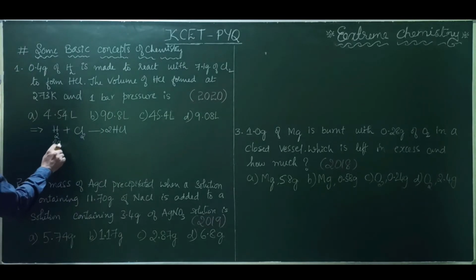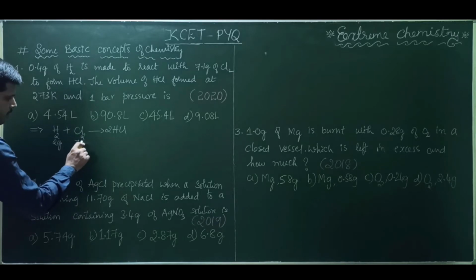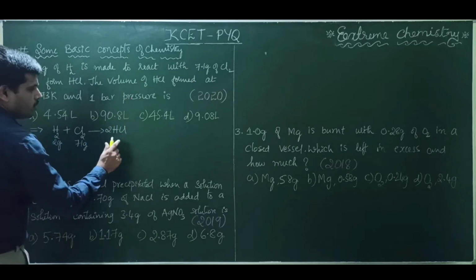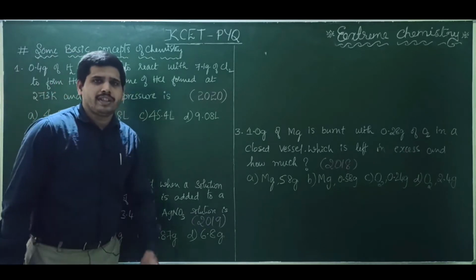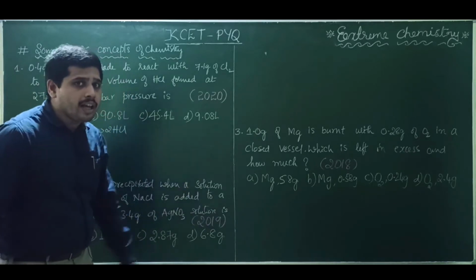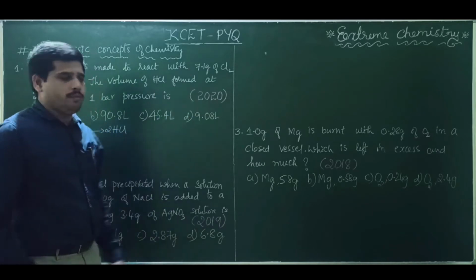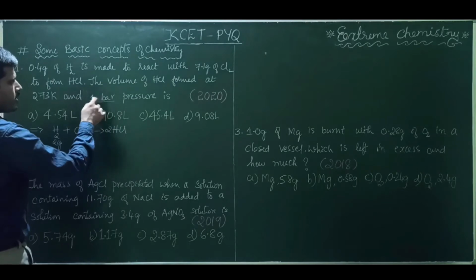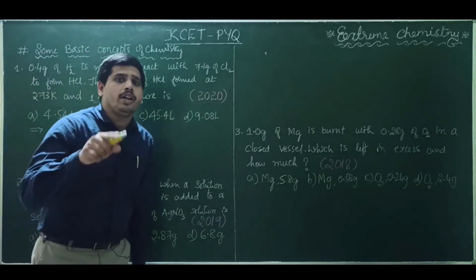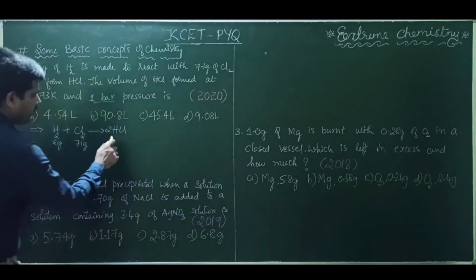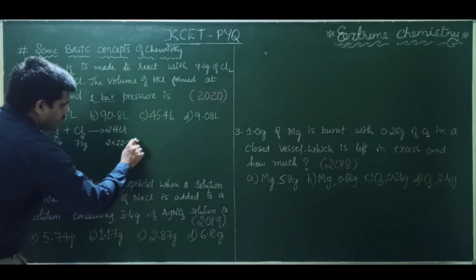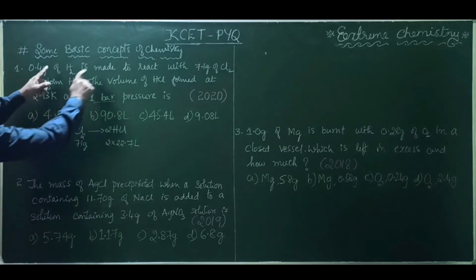So 2 gram of hydrogen, because of its molar mass, combines with 71 gram of chlorine to produce 2 times the HCl volume. 1 mole of HCl in gaseous state occupies molar volume, that is 22.7 liters, since pressure is in bar. Otherwise, if it is in atmosphere, then you have to consider 22.4 liter. So I'll write this as 2 into 22.7 liters.